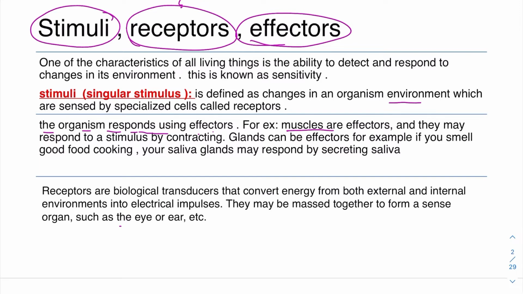When you respond to a change, suddenly you make a movement. Muscles are effectors that move without you knowing, without even deciding to move. So they can be muscles and also glands. Glands can also be categorized as effectors.